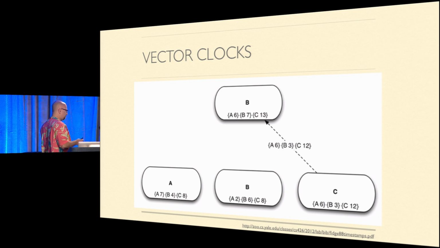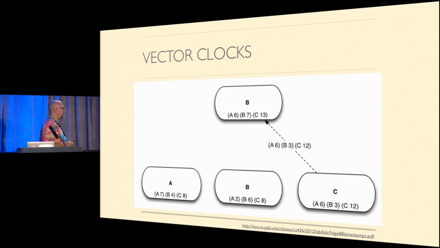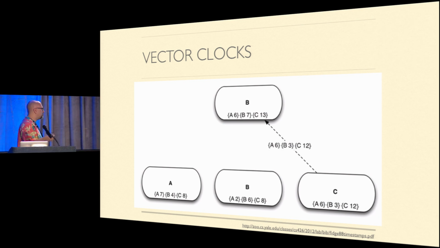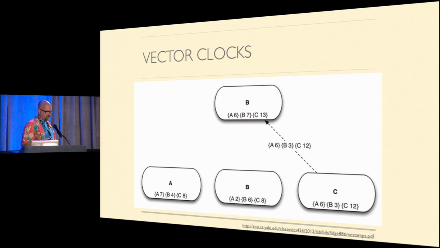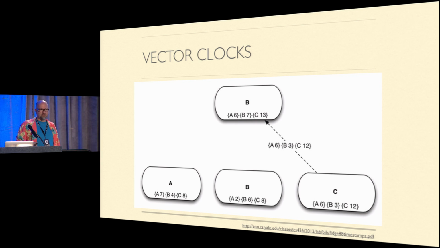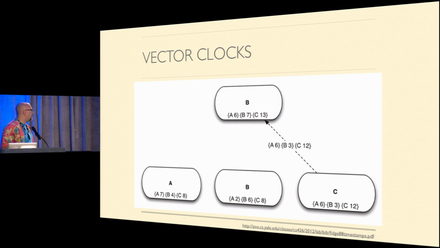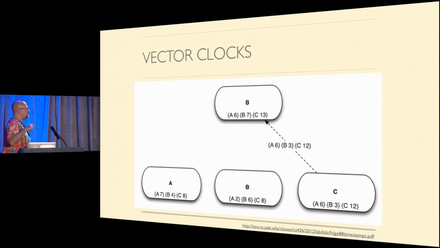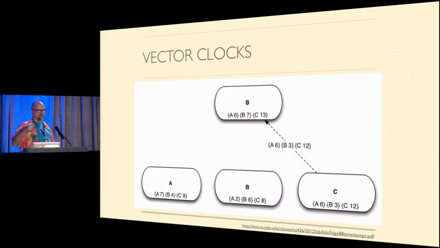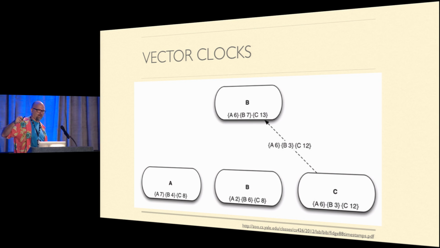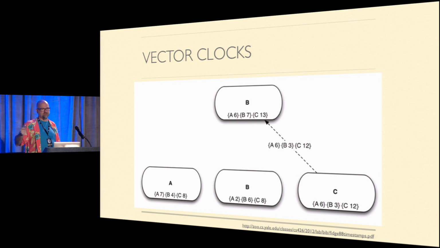So in this case, B did not know that A had advanced to event 6, so it pushes 6 forward. B's own event counter gets incremented because the receipt of a message is another event in its life cycle. And it pushes C's clock forward to 13 because C sent the message, and sending the message constitutes another event.